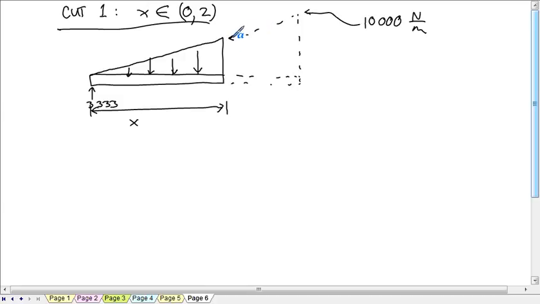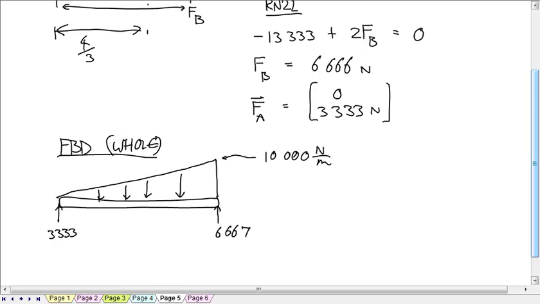So what's the value of the distributed load there? 10,000 over 2, not 10. So the slope is, think of the function that describes this line. That function is 10,000 over 2 times x.